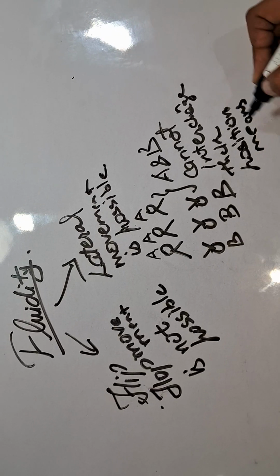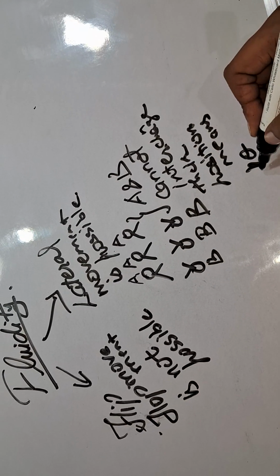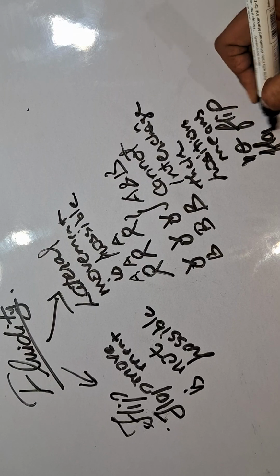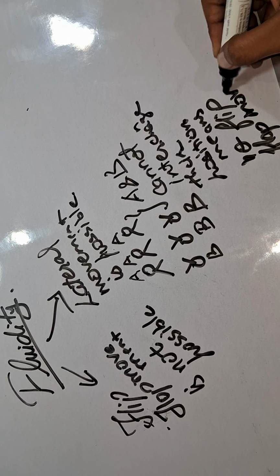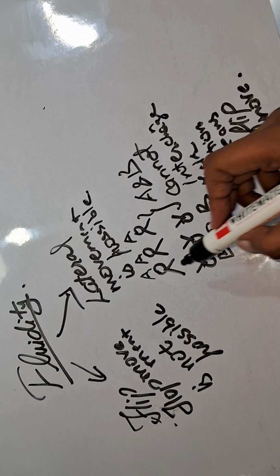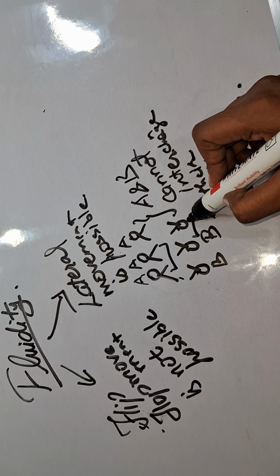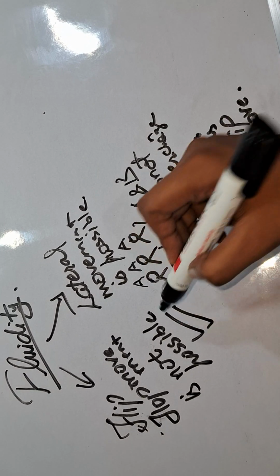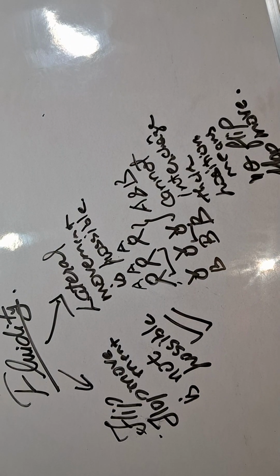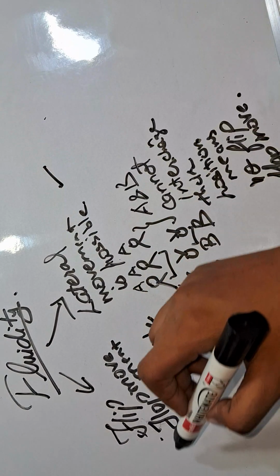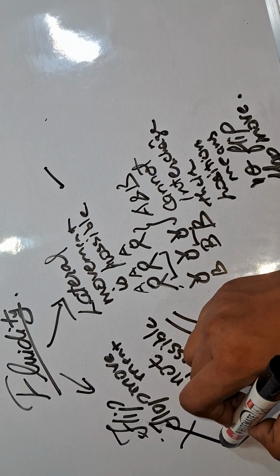Means no flip-flop movement is possible, while A and A or B can exchange their position. Therefore, the lateral movement is possible. We can say like this: lateral movement is possible and flip-flop movement is not possible.